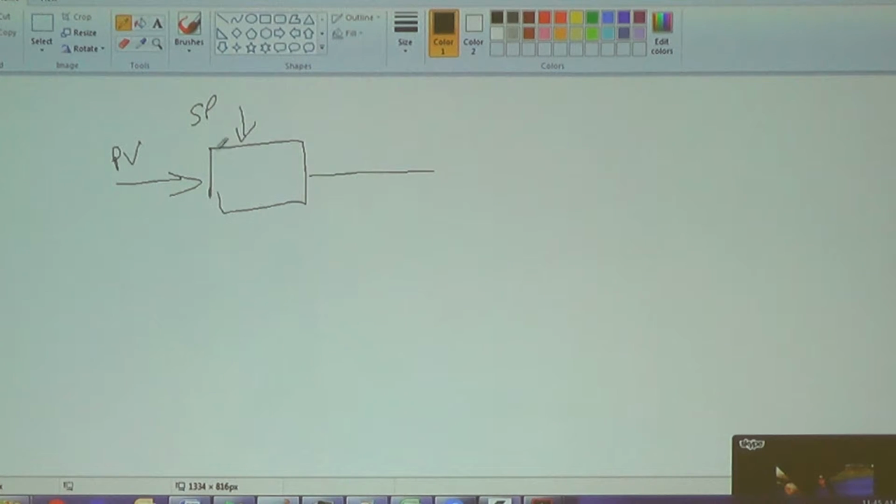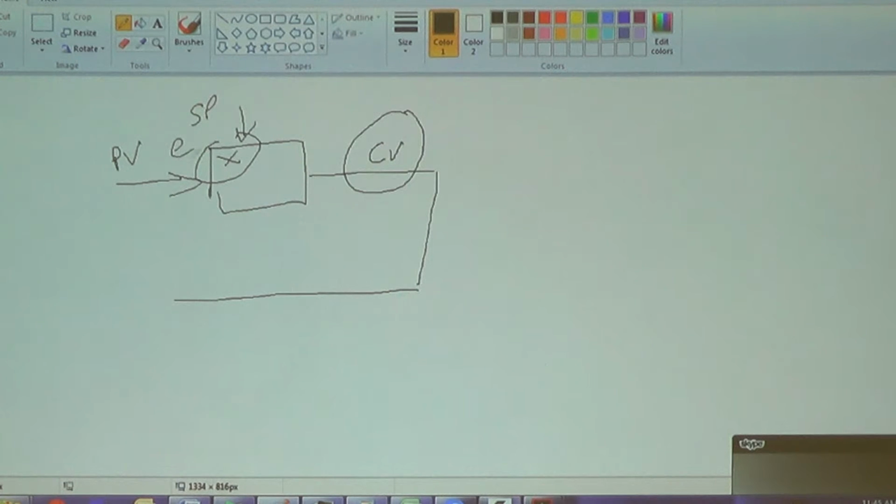There is some error. Then we have our CV. We check the error between SP and PV and take a corrective action. This corrective action is called CV. This is the error. We are taking an action based on an error in the system.